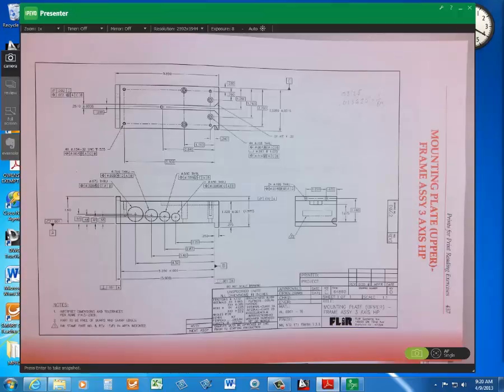Some screws have a long shank on them, no threads, that is of a higher precision and controlled diameter, and that may be important for assembly of this part. It actually touches the sides of the screw shank and holds it in position.